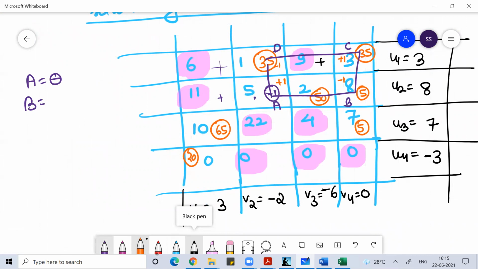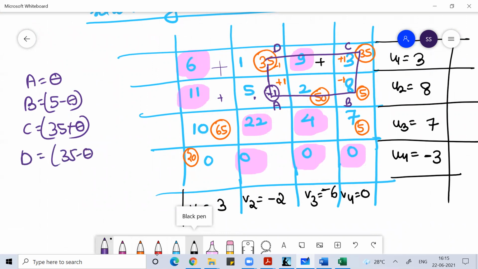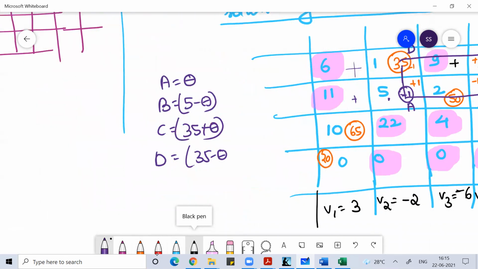So B is equal to 5 minus theta, C is equal to 35 plus theta, and D is equal to 35 minus theta. So out of all negative values of theta, the theta would be equal to 5. So theta is equal to 5 equal to A. B is equal to 0, C is equal to 40, D is equal to 30.